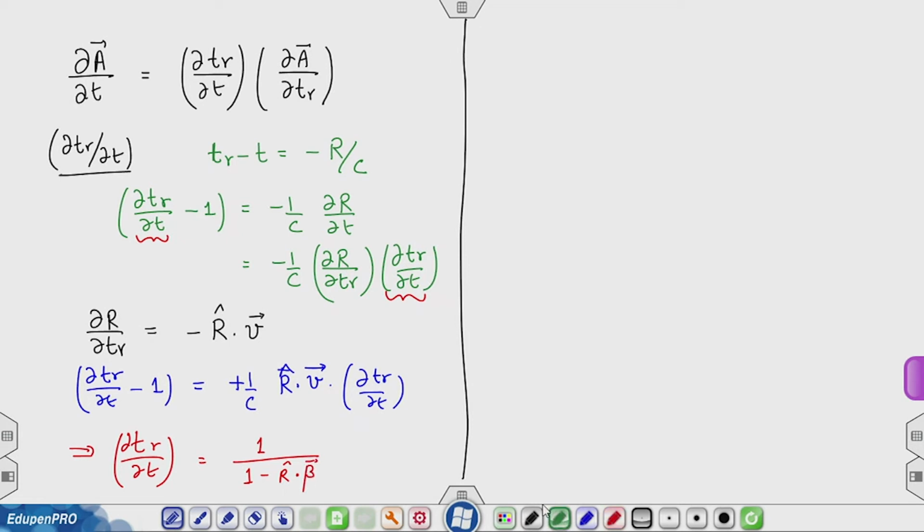And again, if I multiply by r, this becomes equal to r by s. So, I have gotten the first term. How about the second term?